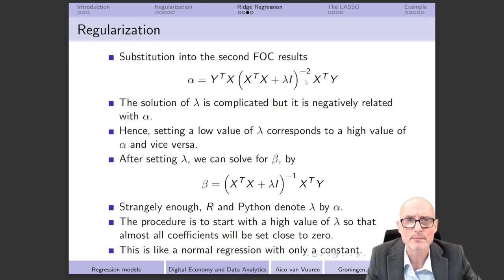Well, this is a very difficult relationship to actually solve for lambda. What we essentially want is not to have alpha at the left hand side and lambda at the right hand side, but just lambda at the left hand side, and everything else, including alpha, at the right hand side.